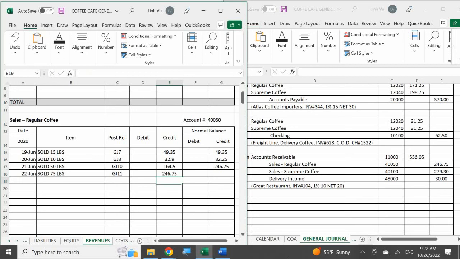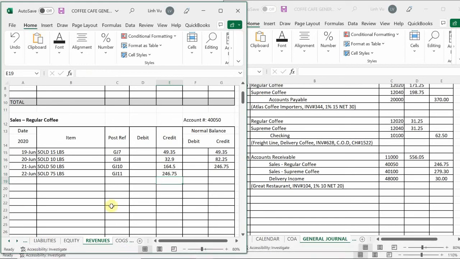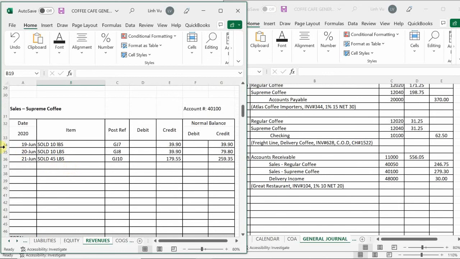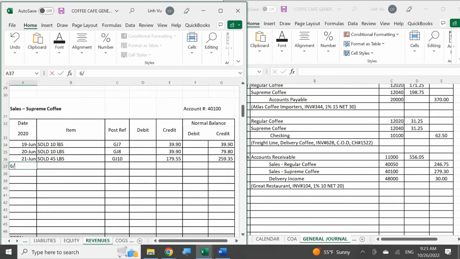I don't know why I can't get a good working calculator this morning. Okay, there we go. Okay, 493.50. Good. Then we're going to go to our Supreme Coffee, and we sold 70.